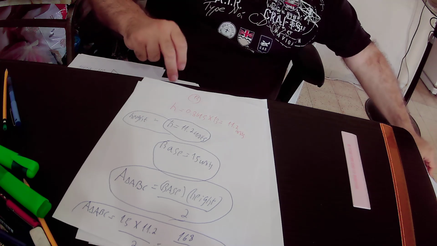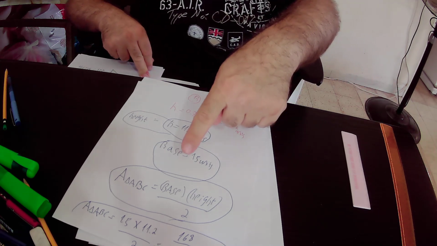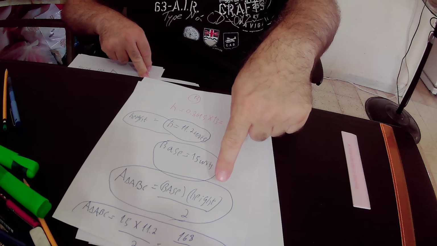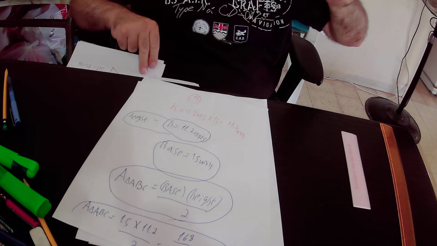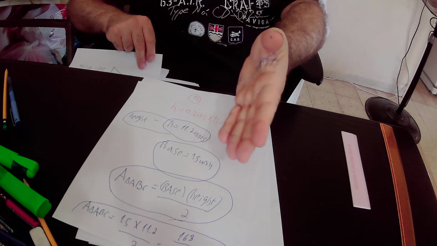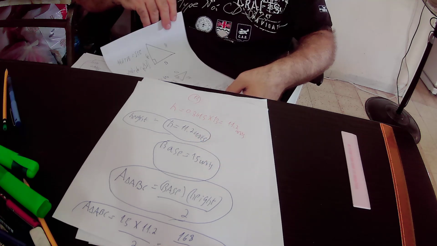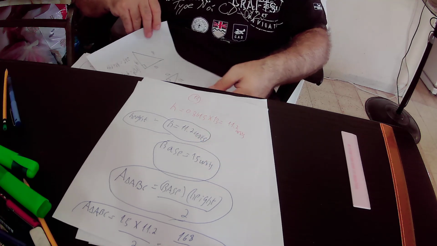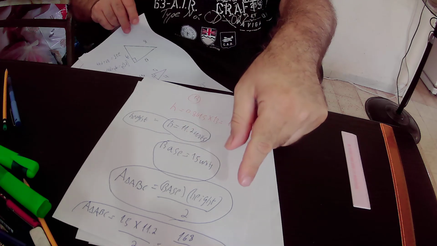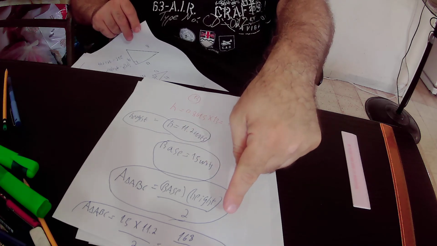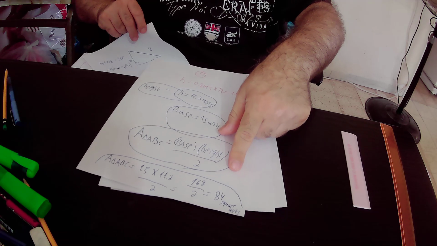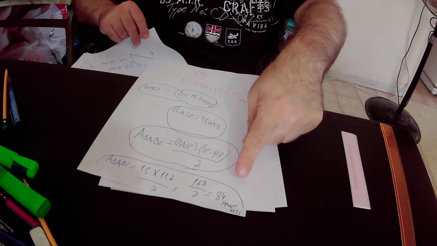And we know that the base equals 15 units, the height equals 11.2 units. So we put the data inside this equality, and we found out that the area of triangle ABC equals 84 square units.